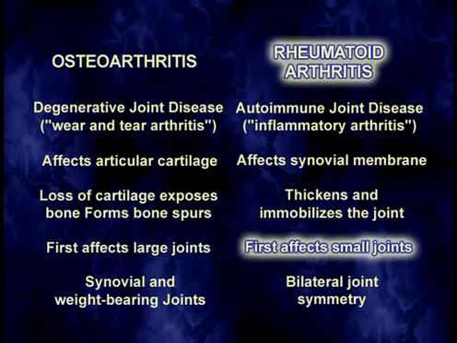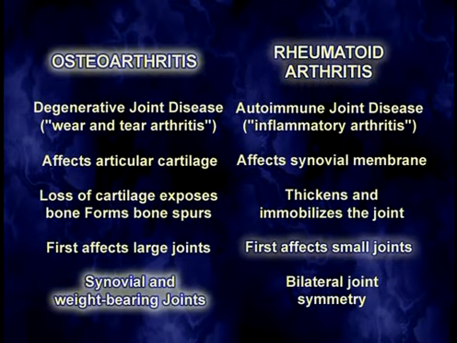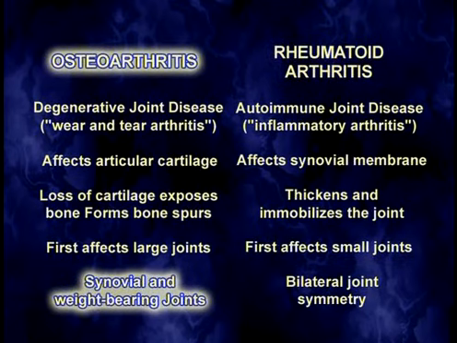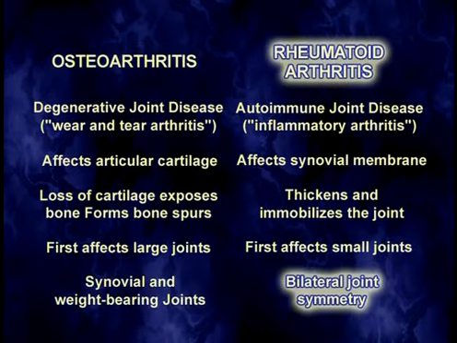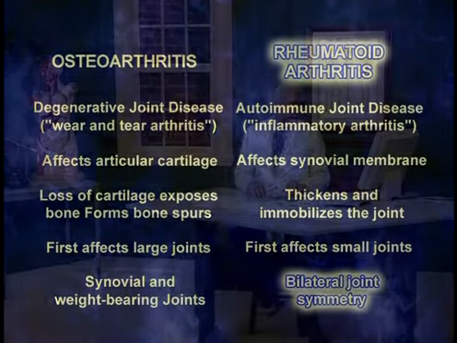And rheumatoid arthritis affects small joints like the fingers. The plague actually of people who have fine finger movements required for their work. And finally, the osteoarthritis involves both synovial and weight-bearing joints. The rheumatoid arthritis tends to be bilateral and symmetrical. So you tend to have either both knees or both wrists or both sets of fingers involved.